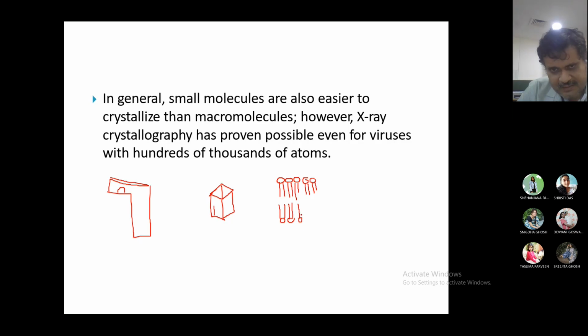Now what do we want from this crystallography technique about the lipid bilayer? We want a few parameters, and if X-ray crystallography can give us that, then it will be well and good. What kind of information do we want? We want the distance between these phospholipid molecules, or any other lipid, you can take sphingolipid also, no problem.